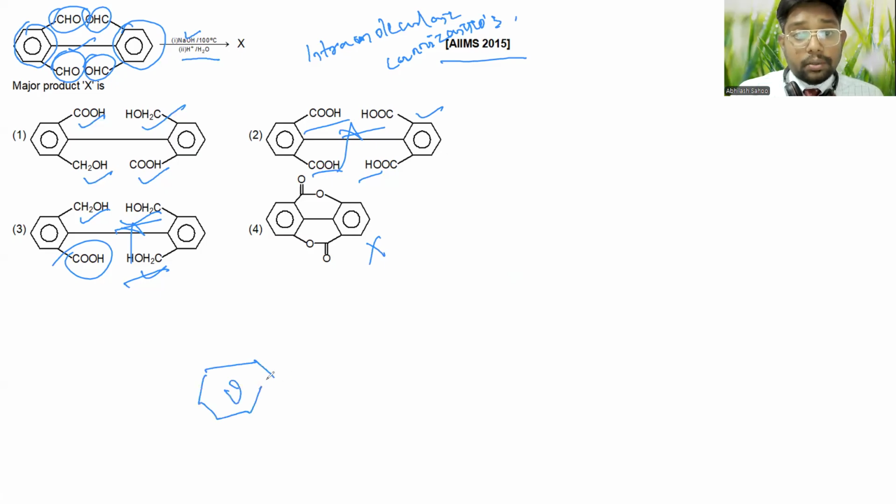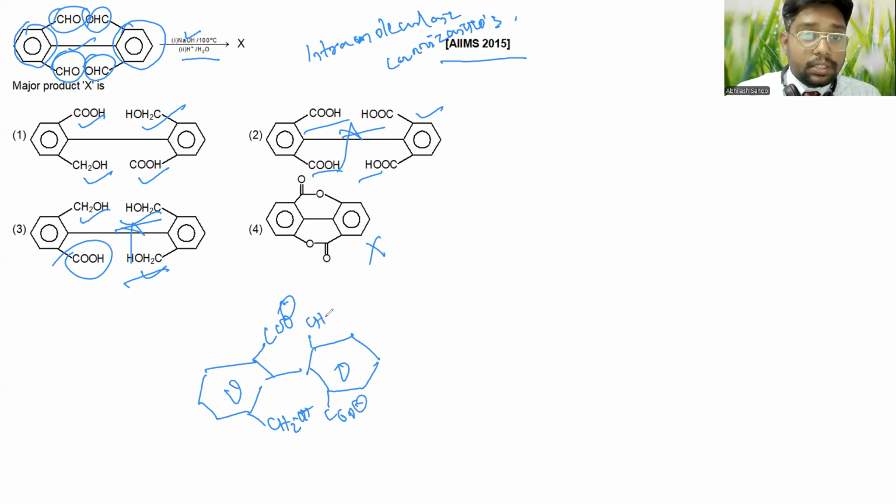So what you have got is one COO minus and another one CH2OH, and here also similarly one COO minus, another one CH2OH. And when you treat this with H3O plus, then what will you get?